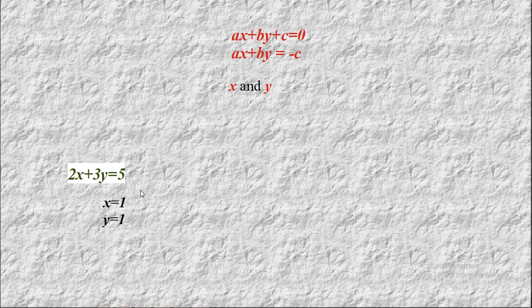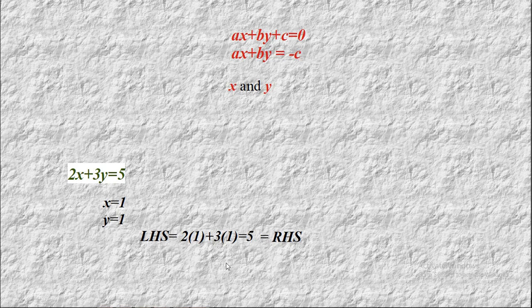Now we substitute x equal to 1 and y equal to 1 in the LHS of this equation. That is, LHS is equal to 2 into 1 plus 3 into 1, and we get the value 5. When substituting x equal to 1 and y equal to 1, we get that LHS is equal to 5. And can you see that it is equal to the RHS of the equation? Yes, it is equal to the RHS of the equation.